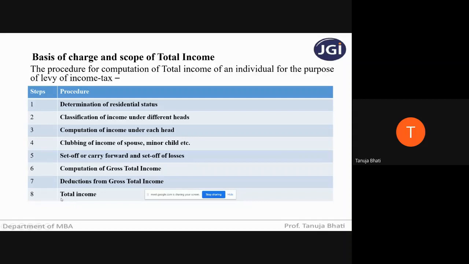Why do we have to come up with 8 steps? Because based on this total taxable income, we are going to charge the income tax rates that have been set by the government, so that we come to know what is the income tax payable by a particular assessee to the government.